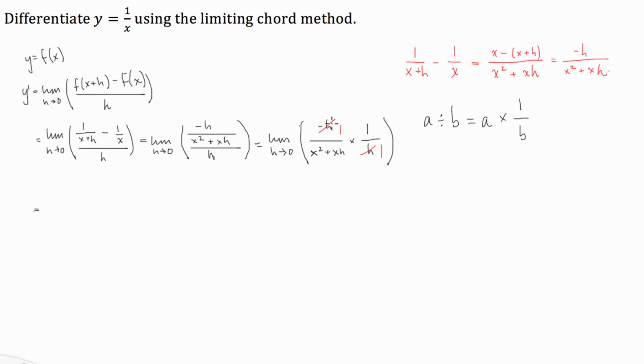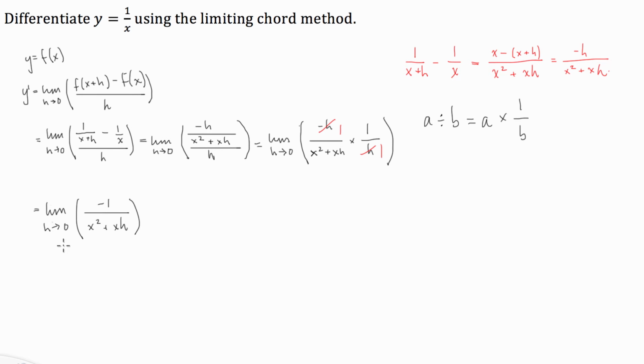And we're just going to get negative 1 over x squared plus xh. So this is going to be the limit as h approaches 0 of negative 1 divided by x squared plus xh.